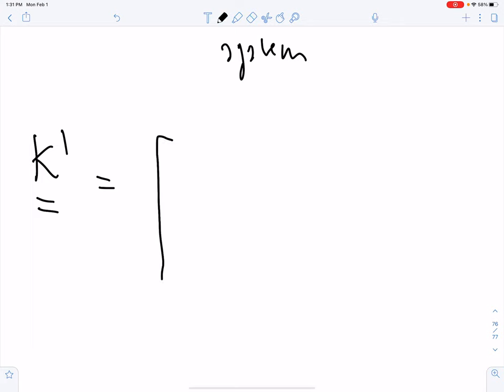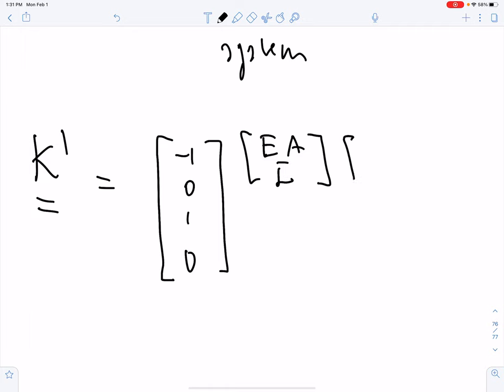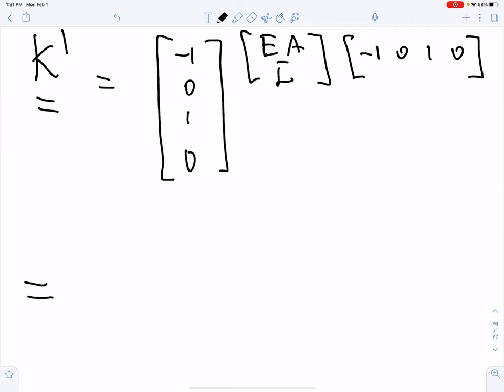Gamma RBM transpose is -1, 0, 1, 0. Okay, this guy multiplies EA over L, and multiplies gamma RBM, -1, 0, 0, 1, okay? And so if you carry out the product, you sort of leave this up to you, okay?